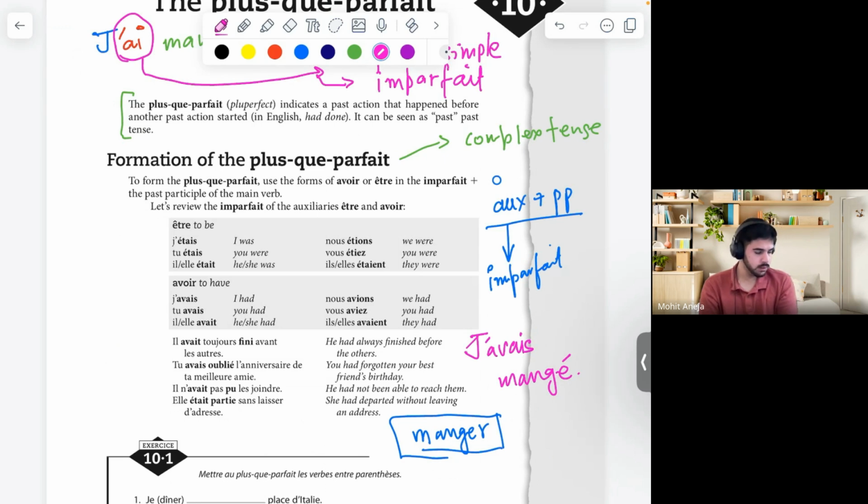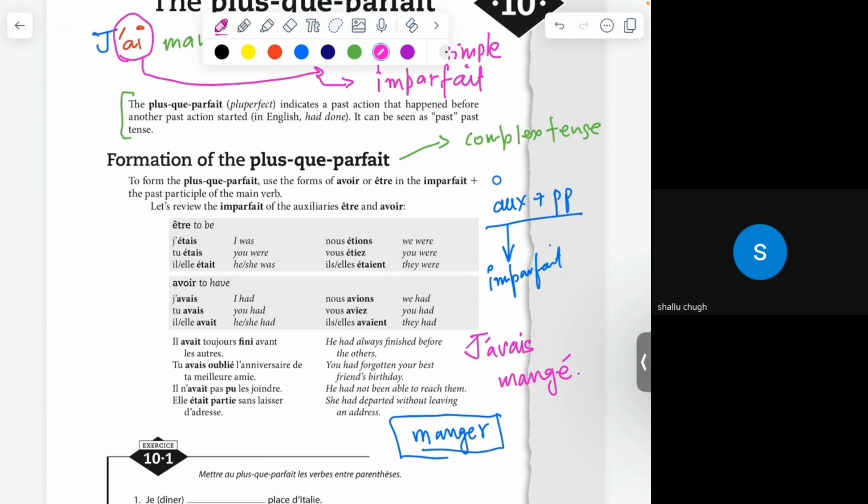Nous avions mangé, then AVIONS, and manger in the past form. Vous aviez mangé, AVIEZ, and manger in the past form. Last is ils, AVAIENT, and then manger in the past form.